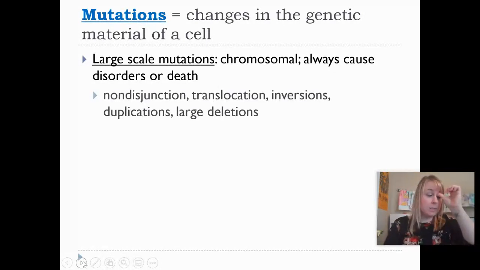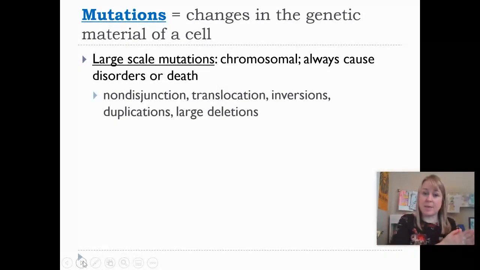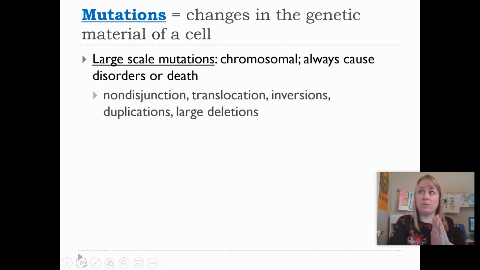This can be caused by non-disjunction during meiosis, meaning that when the homologs are supposed to separate in anaphase 2, they don't. They accidentally stick together and end up in the same gamete. So you could end up with total chromosomes missing or an extra chromosome. Down syndrome is a result of non-disjunction of chromosome number 21.